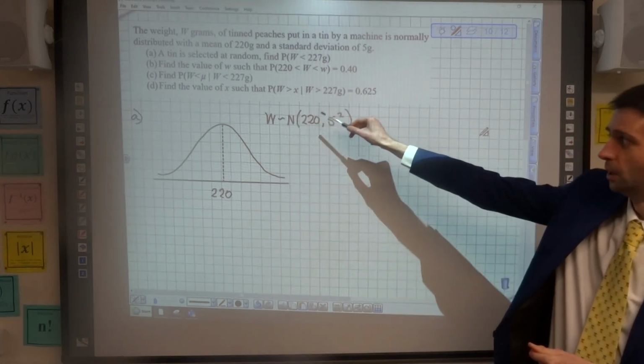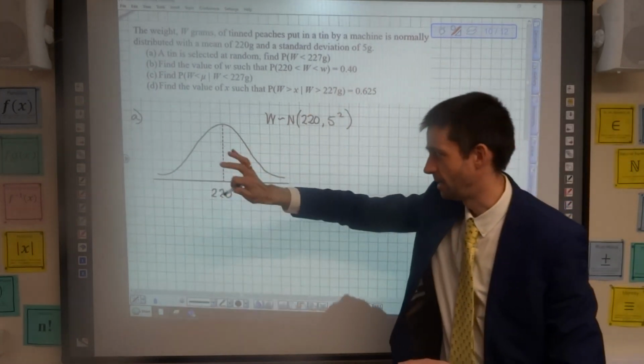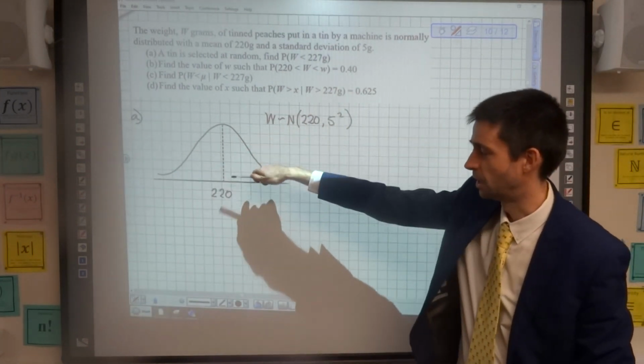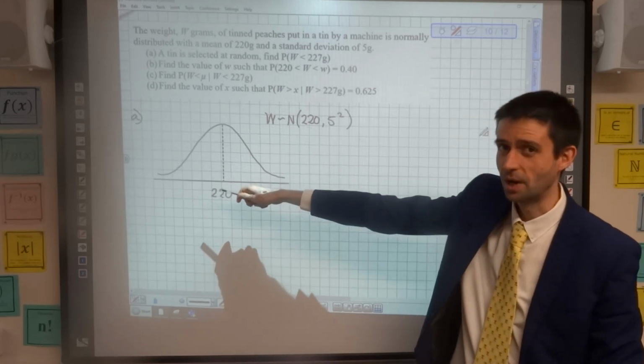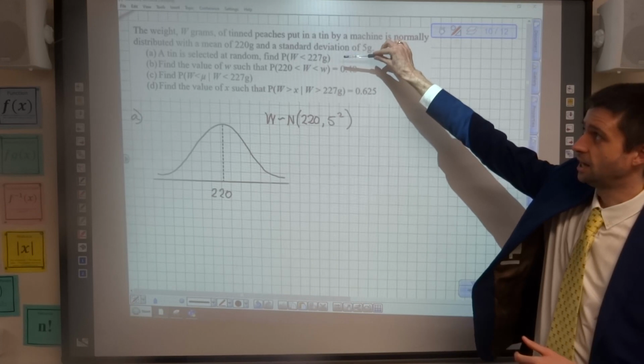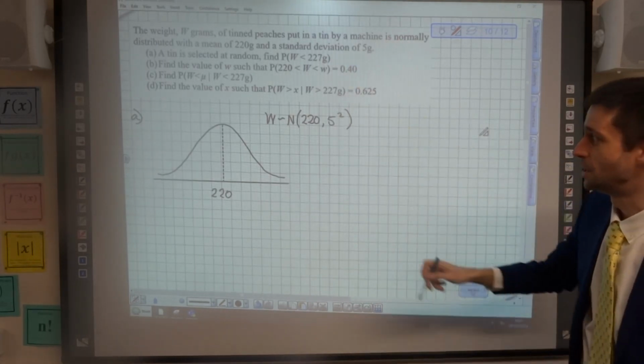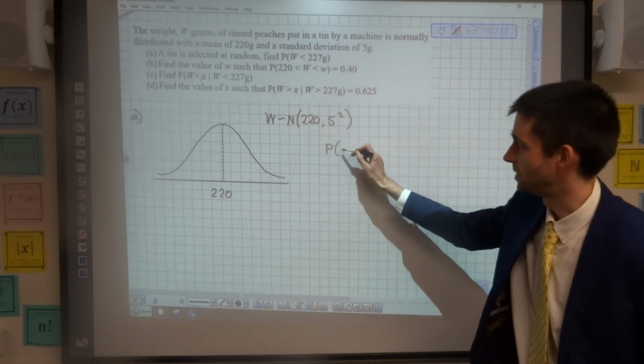W follows the normal, 220, 5 squared, and I've drawn a normal distribution, popped a line down the centre for my mean of 220. Now in part A, the first thing I'm being asked is a tin is selected at random, find the probability that W is less than 227.